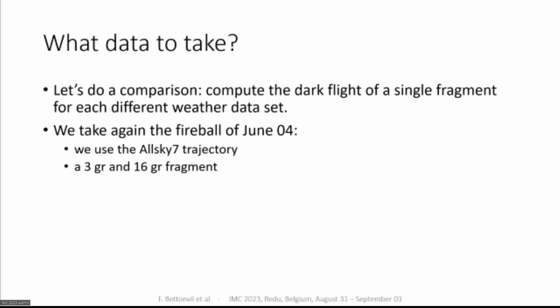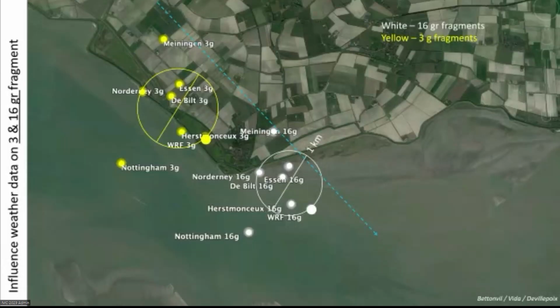As a trajectory, I took the Oscar 7 one, and I used for this example two different fragment sizes. Now, here you see the result. The blue is the trajectory of the fireball. The white spots are 16-gram fragments, and in yellow you see a smaller fragment.